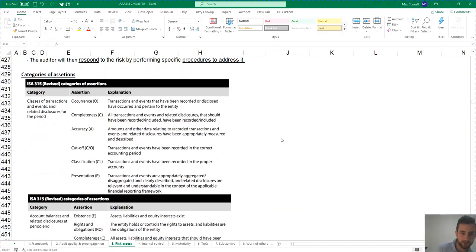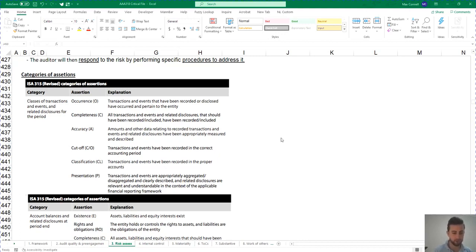What each of these mean. So occurrence is that the transactions and events that have been recorded or disclosed have actually occurred. Completeness is that all transactions and events and related disclosures that should have been recorded and included have been recorded and included. For example, you might have inventory.